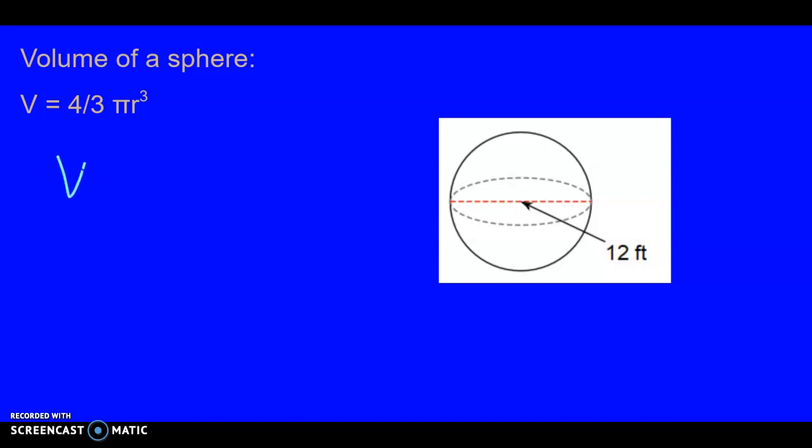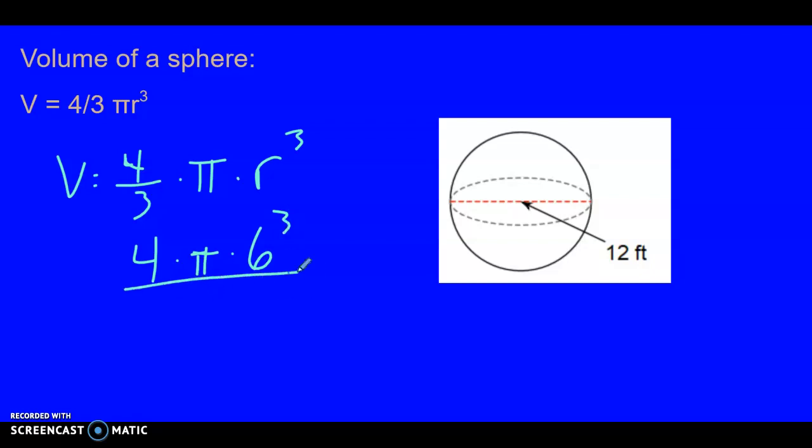In order to calculate the volume of this shape, we're going to do 4/3 times pi times r to the third, which is going to be, in this case, our r value is 6, because the diameter is 6. So here's how I would recommend typing this into your calculator. 4 times pi times 6 to the third power. And divide that all by 3, because the 4/3 is still intact here.